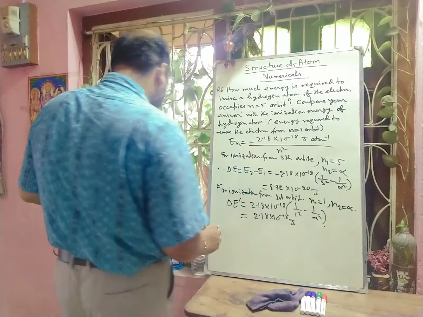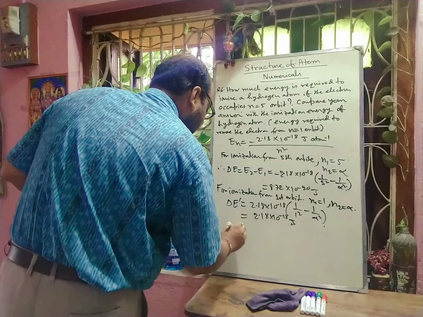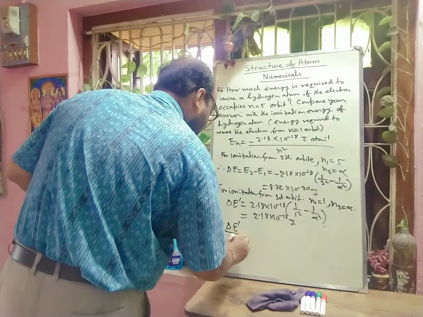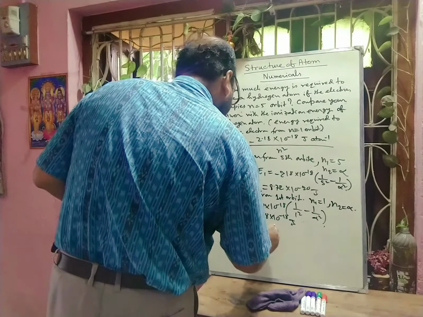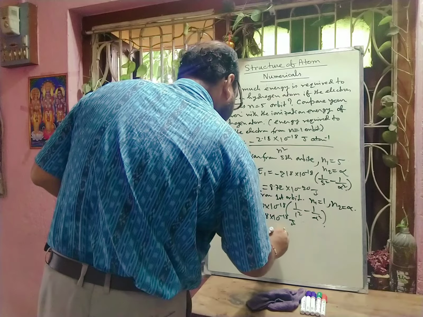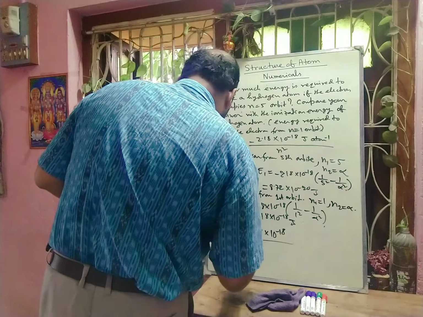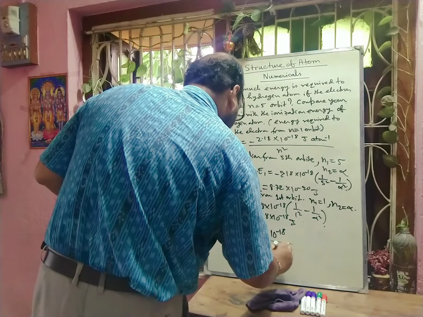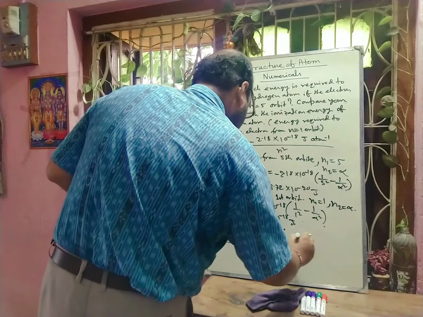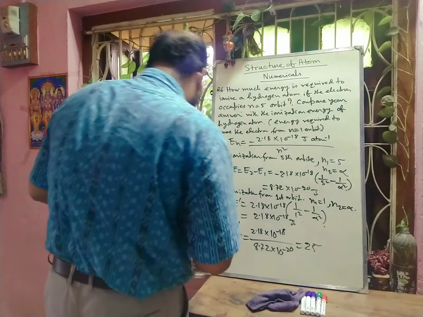Therefore we have to take the ratio, that is delta E dot by delta E, that will be 2.18 into 10 to the power minus 18 divided by 8.72 into 10 to the power minus 20. If we calculate, we will get the value 25.